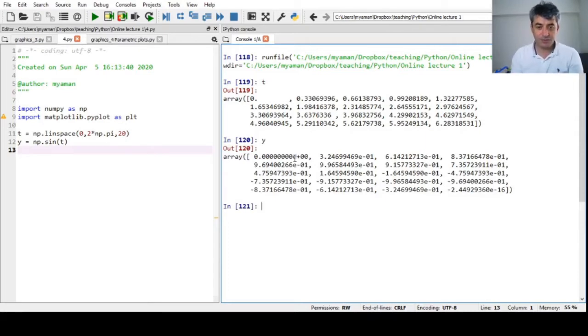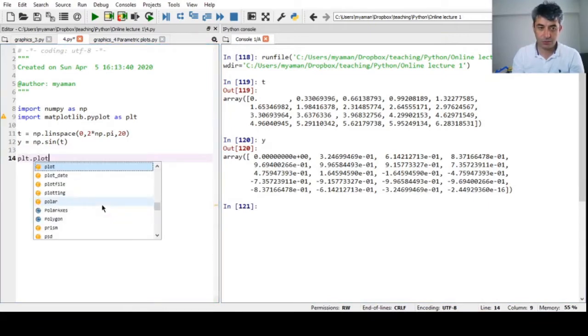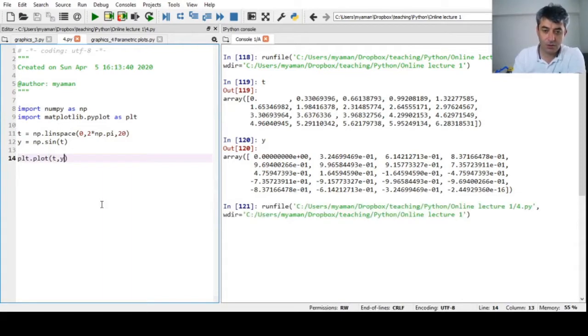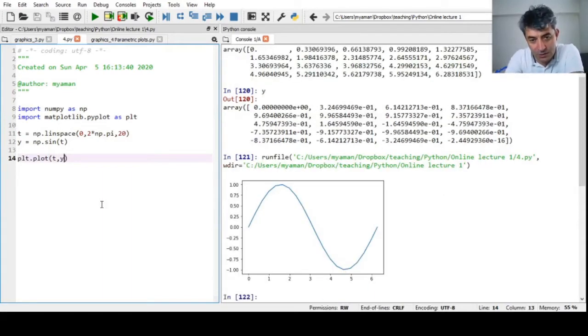Plotting the function, plt plot t versus y will show us the sine graph. The graph is a little bit rugged on the maximum and minimum values. I can make it more smooth here by increasing the number of points.